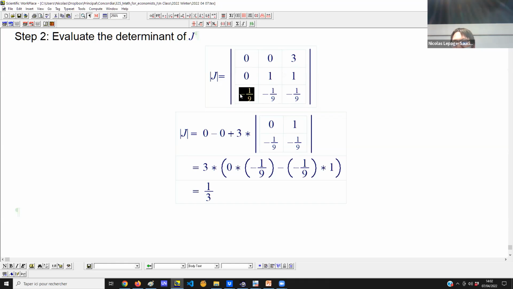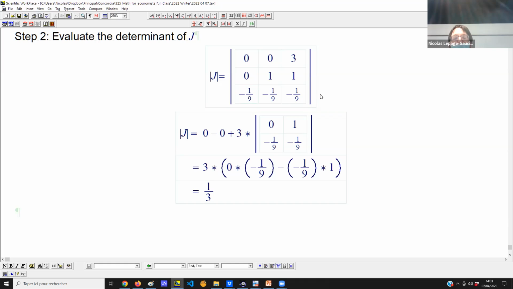But there is the additional thing that the diagonal is this way, so I have to add a minus in front of it. This way would have been positive.